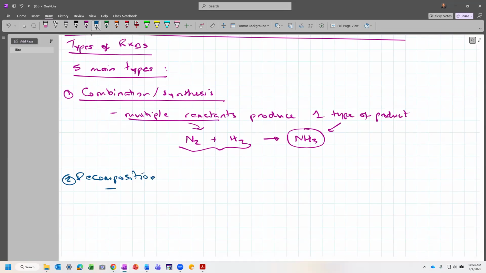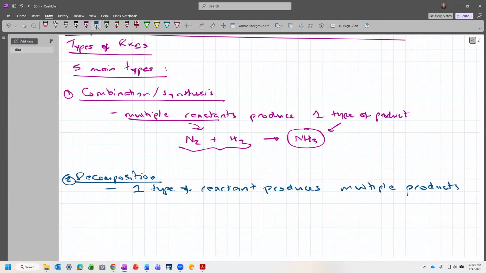Okay, and as the name sort of suggests, in a decomposition reaction, we're going to start off with one type of reactant. So one thing on the left side is going to break down or decompose to produce multiple products.